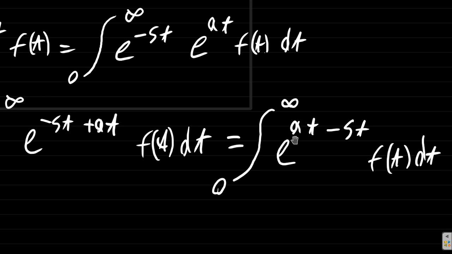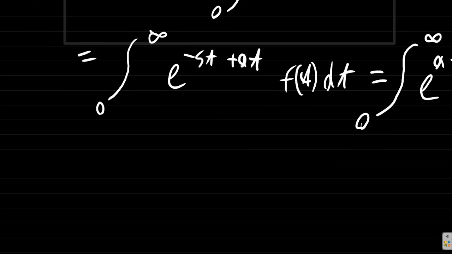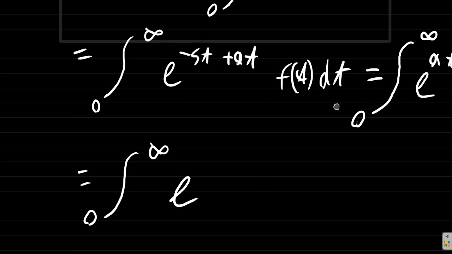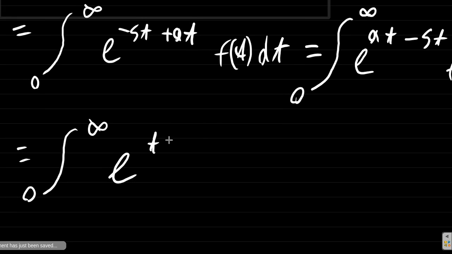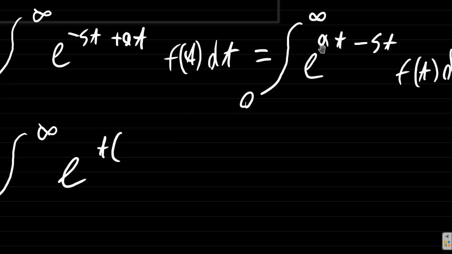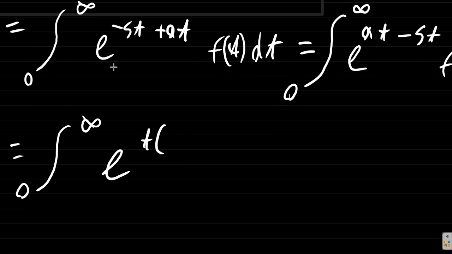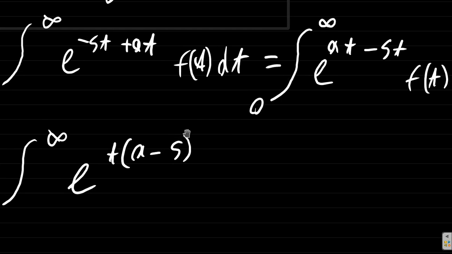Now, you can factorize the powers, so what you have here is equal to the integral from 0 to infinity of e to the power of, let's put t outside the bracket, t open bracket, a minus s, f of t dt.